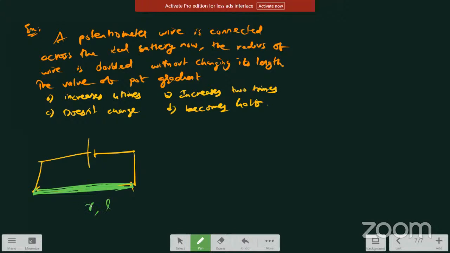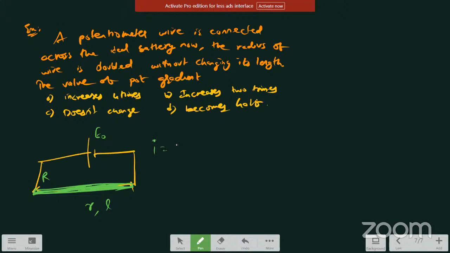And this has, let us say, e naught, and the complete wire has resistance R.